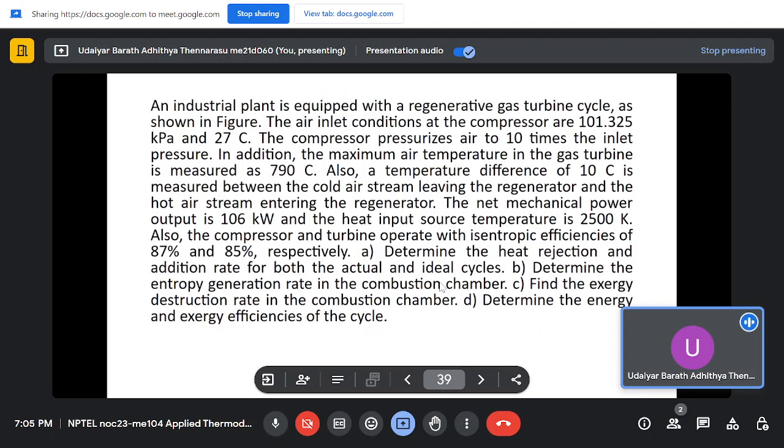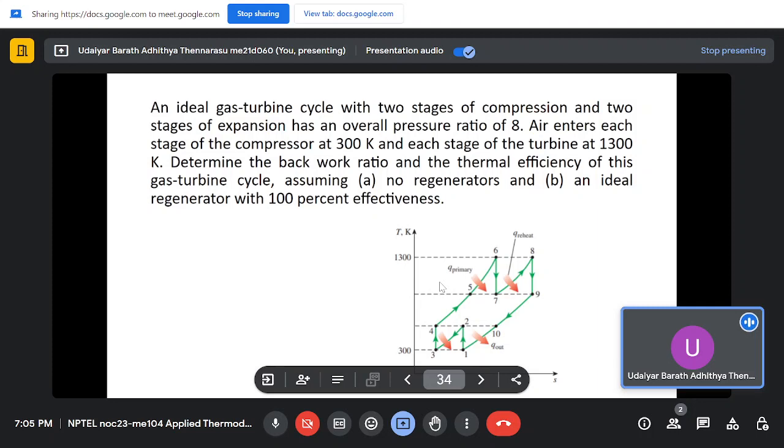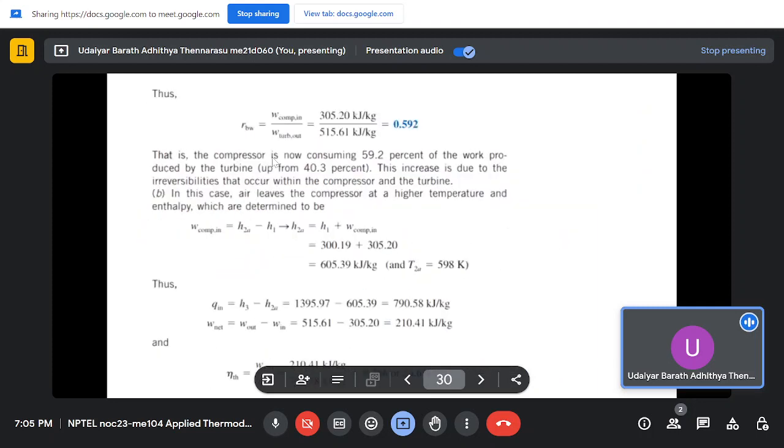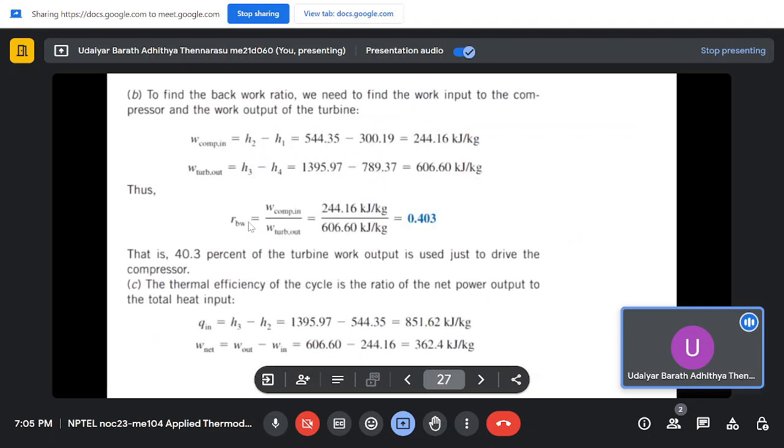So the next question is, and before going back, here in this case I used, in all the problems, actual air standard values. So this value will be different because this will take into account the variation in specific heat of the air, but if you calculate this with respect to a constant Cp value, this value may differ.